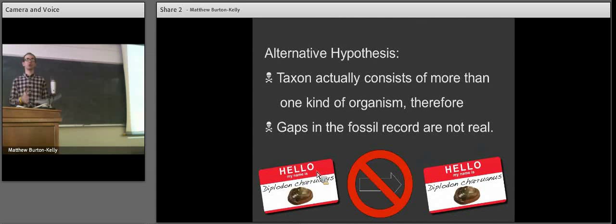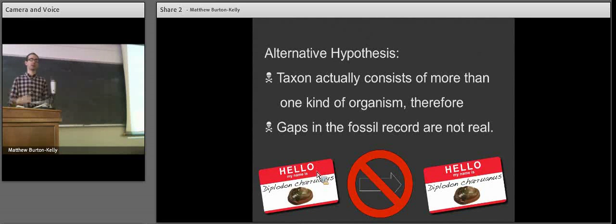And they might even be closely related, but under this hypothesis, they aren't the same. And what I mean here by saying that the gaps in the fossil record are not real is that you can't have a gap in the fossil record for a single taxon if it's really two taxa. You have one and then you have the other, and they have no relationship to each other.